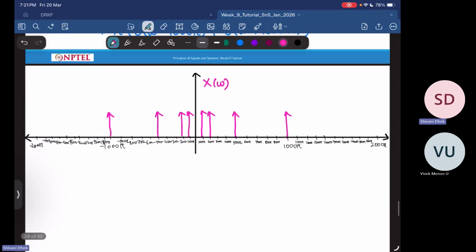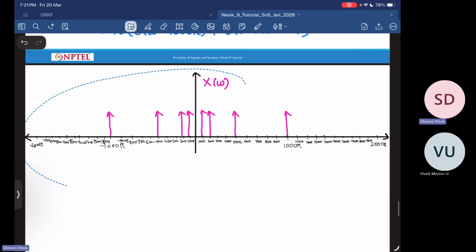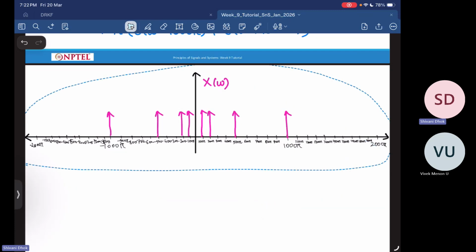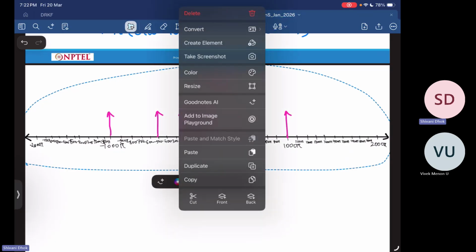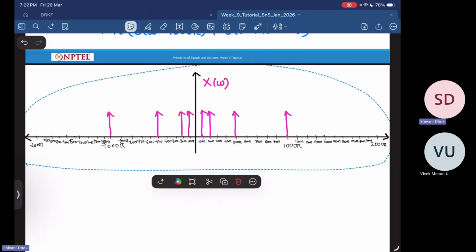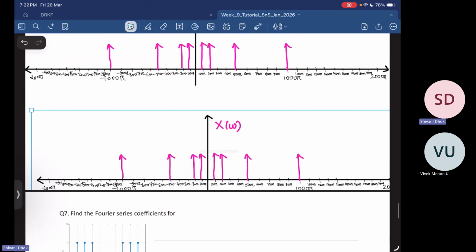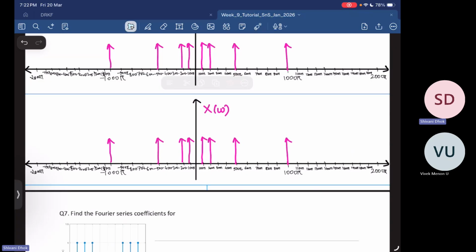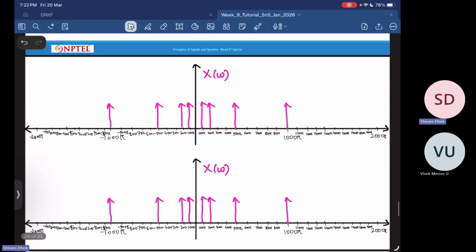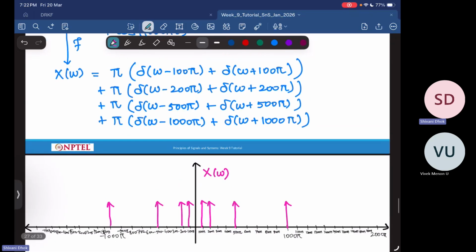Now this particular signal is sampled at a frequency 1600 pi. Okay. So now when you sample, you get Xs of omega, and Xs of omega is basically summation with some scaling of k running from minus infinity to infinity X of omega minus k times omega s.